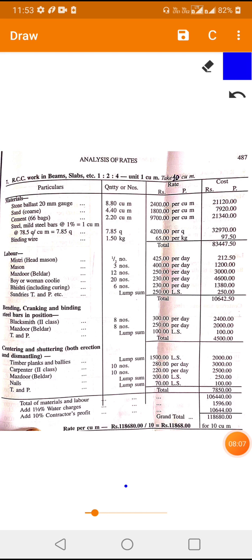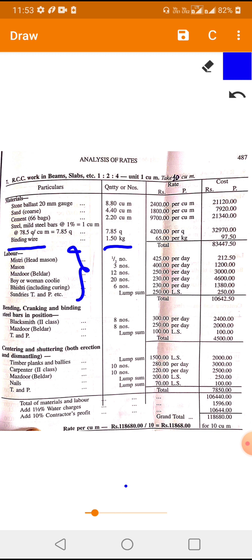Now after calculating all these quantities, stone, sand, cement and steel, we have also taken bending wire here. This is bending wire, suppose 1.5 kg. This is a lump sum we have taken. The labors are fixed and some extra labors are required.